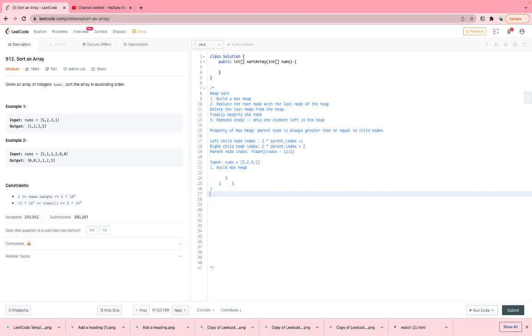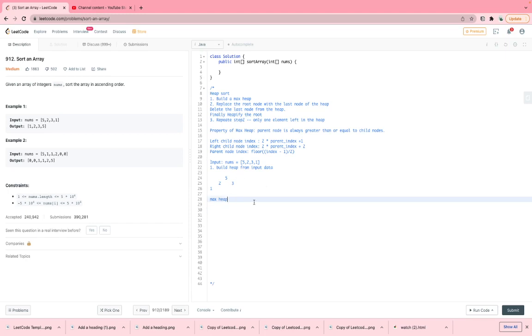First we build this heap from the input data, and then we change it to a max heap. So how do we do that?